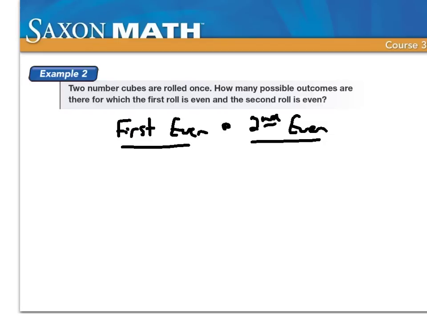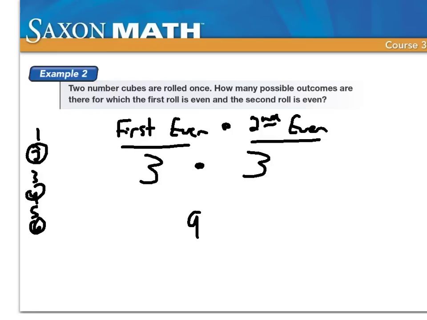Well, think about when I roll a number cube, a die that's 1, 2, 3, 4, 5, or 6. How many ways are there to get an even? Well, my evens are 2, 4, and 6. So that's 3 possibilities. And if I want the second roll to be even, again, there are 3 possibilities. So I'm going to take those and multiply those, and that means there are 9 different ways, or 9 outcomes.